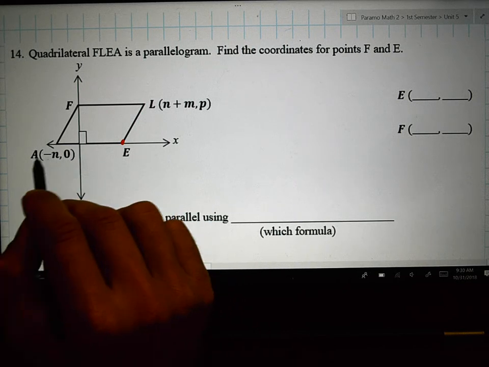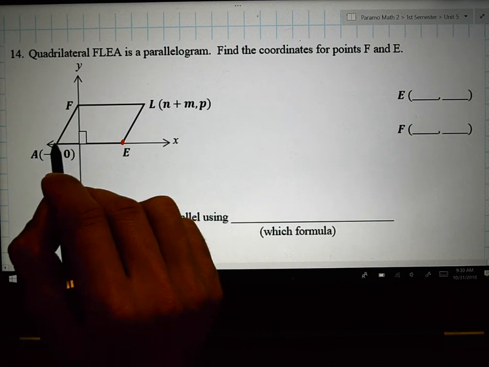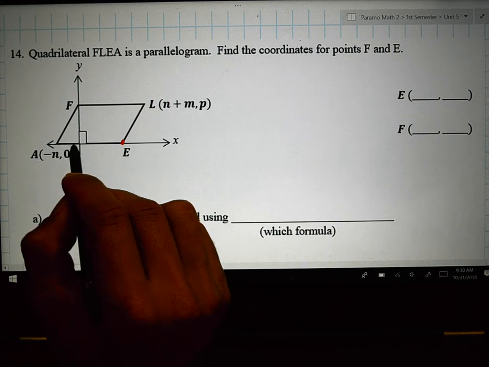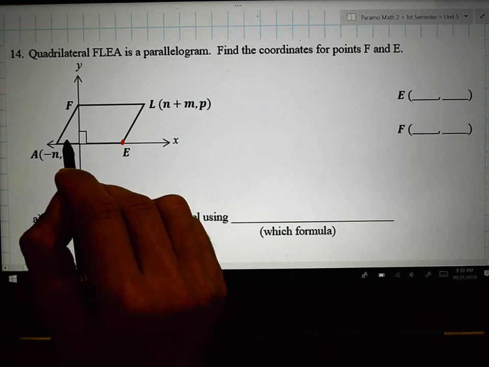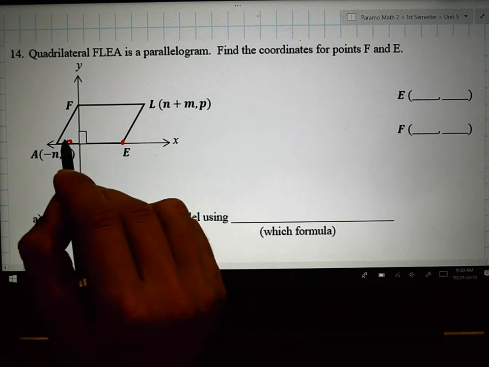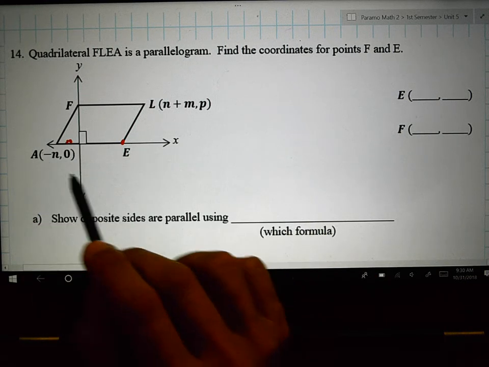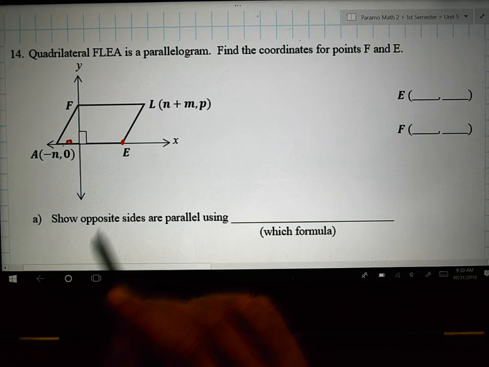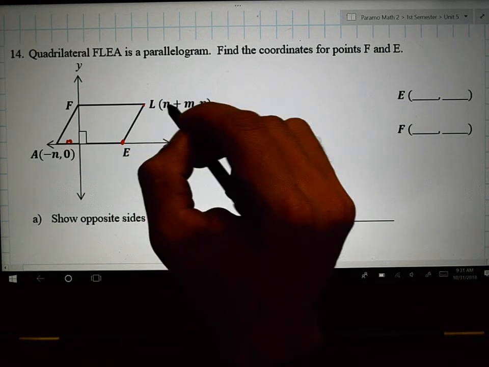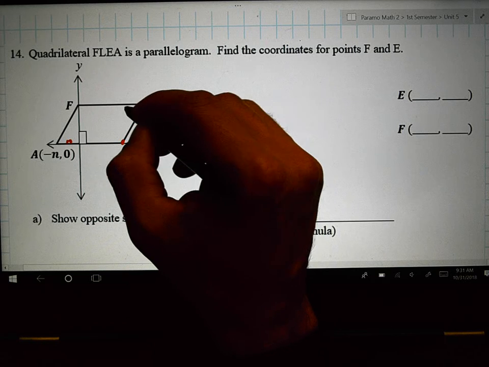What I do know about A is that we went over in the negative direction n units. So I'm going to put that this is n units. That's the distance. Distance is always a positive value, even though we're going in the negative direction. That's n units. I know that this corner is n plus m, so I'm going to do this.